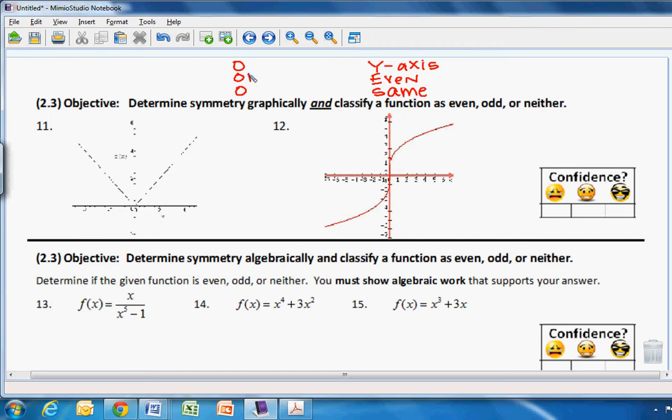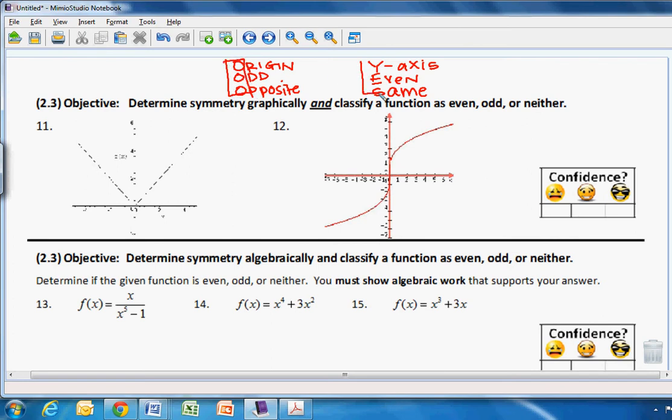For odd functions, if your graph is symmetric about the origin, you have an odd function. When you plug in your negative x into your function and you get the opposite of your function, you have an odd function. Try and remember this.